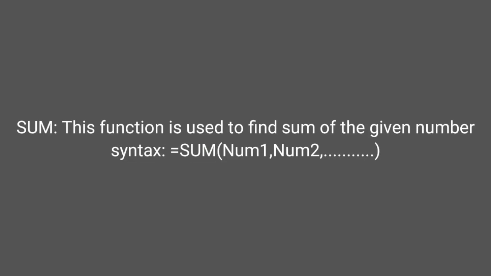So the syntax of the sum function is equal to sum, opening bracket, num1, num2, till whatever number you want to enter, and finally close the bracket. The sum function is used to find the sum of given numbers.